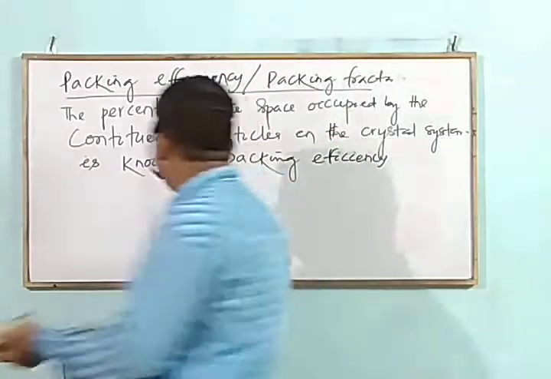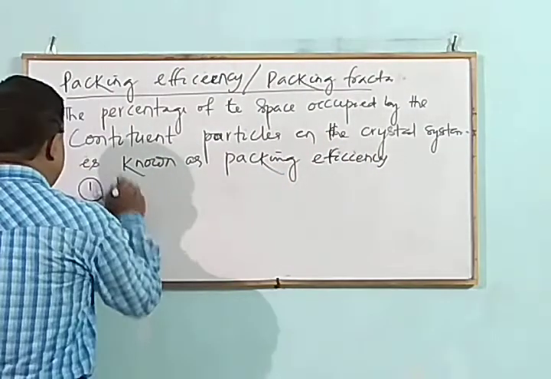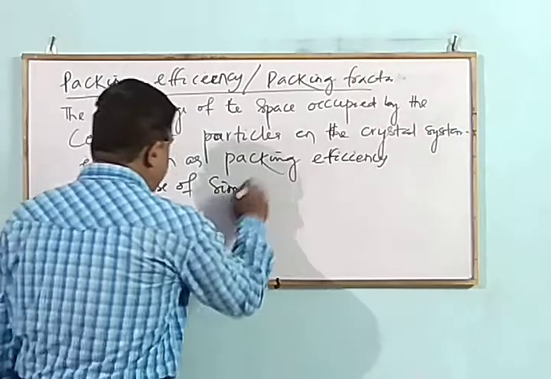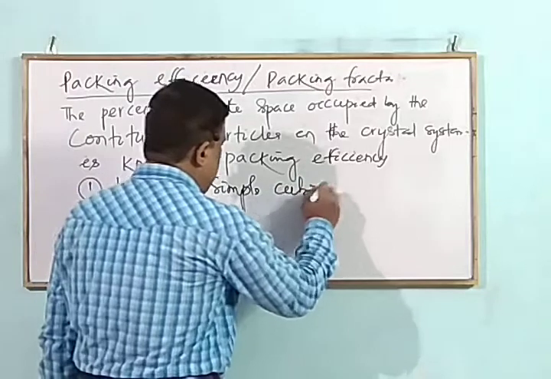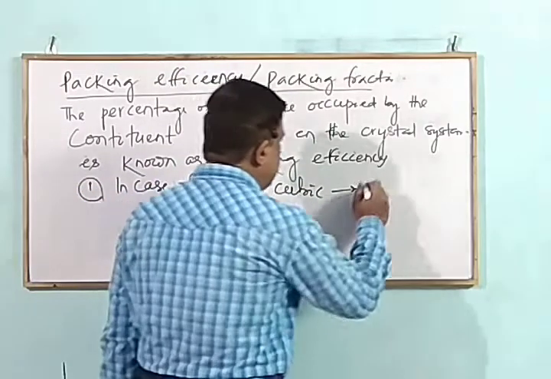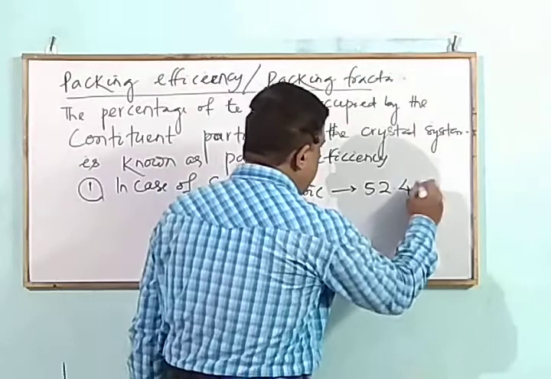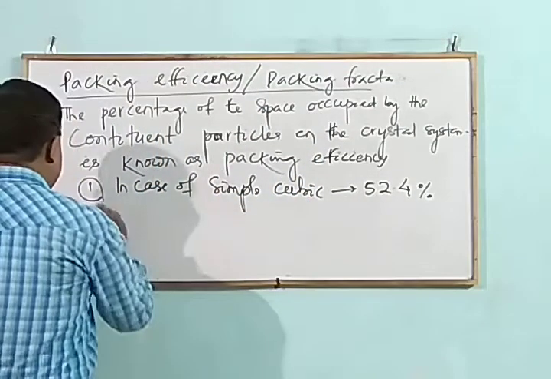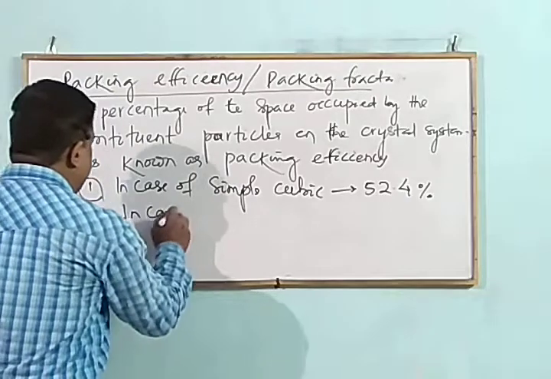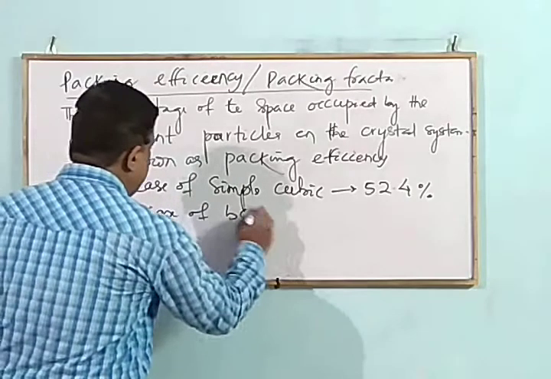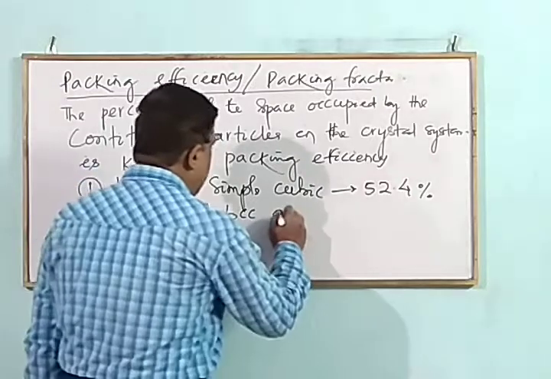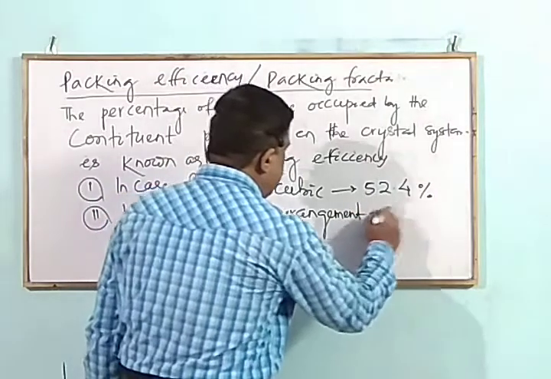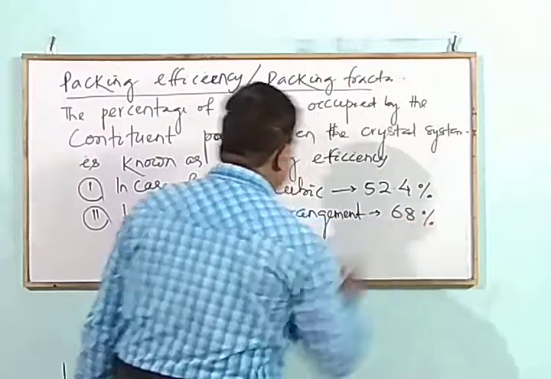Mark that. Point 1. In case of simple cubic arrangement, the packing efficiency is 52.4%. The space occupied is 52.4%. Next, in case of BCC, body centered cubic arrangement, the packing efficiency is 68%.